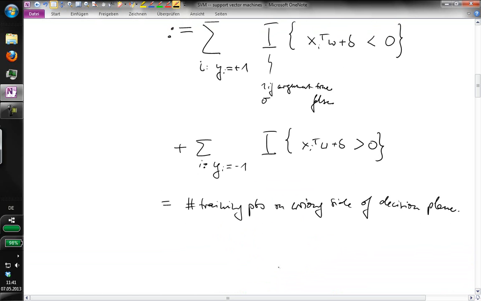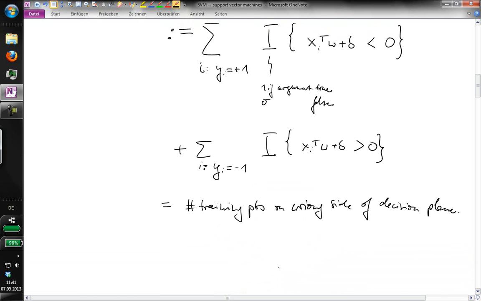Because this expression here is a bit unwieldy, I can actually combine these two formulas into one. As follows: I can sum over all points in the training set, regardless of what their class is, and then multiply the score that I'm getting with the label, which we know to be either -1 or +1.